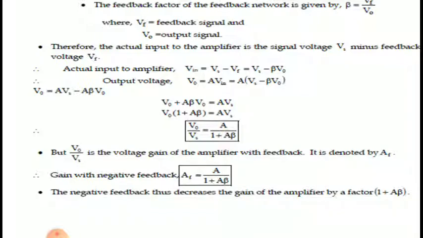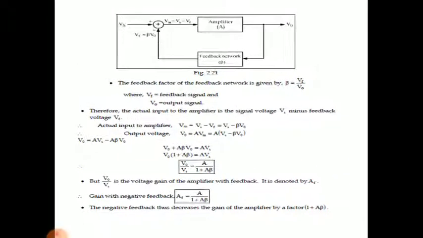AF is equal to A by 1 plus A beta. Remember, this is a very important formula. The negative feedback thus decreases the gain of the amplifier. The 1 plus A beta factor decreases the overall voltage gain A by this factor.